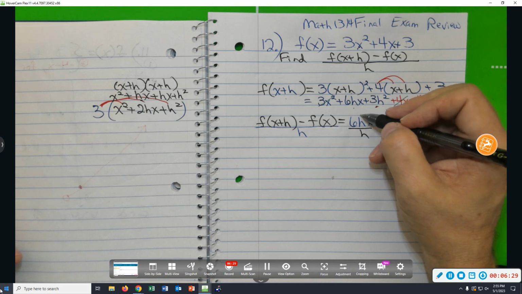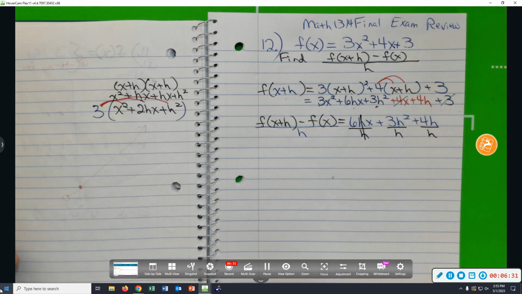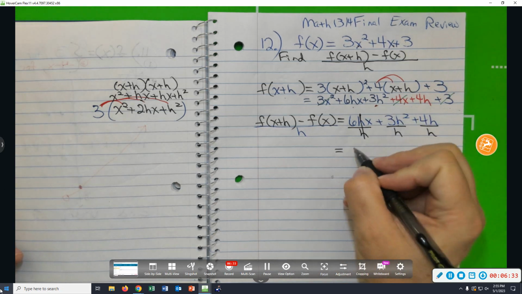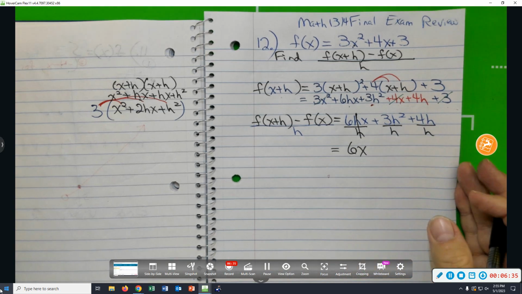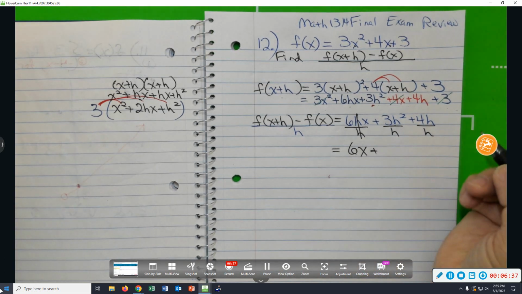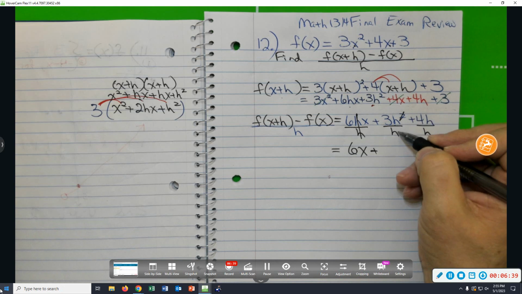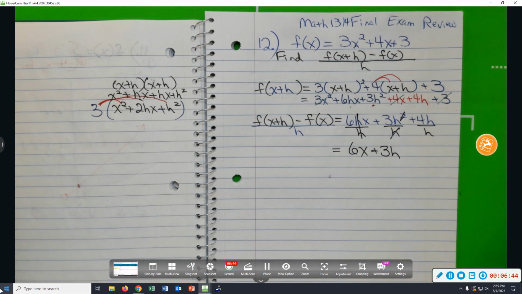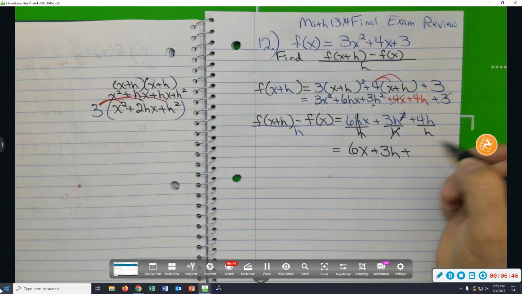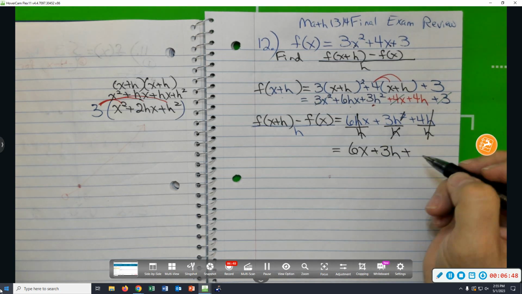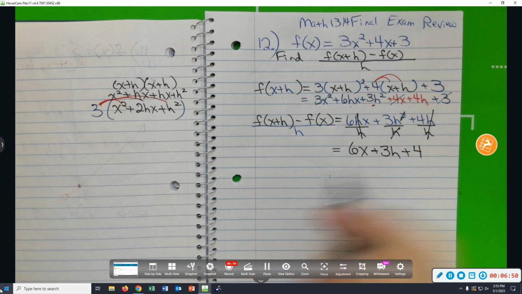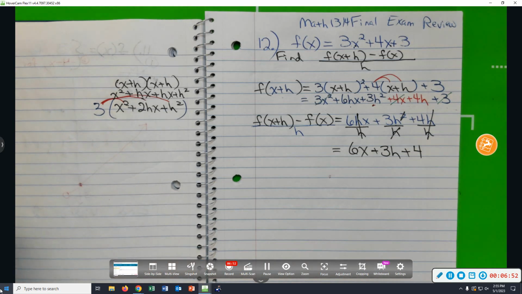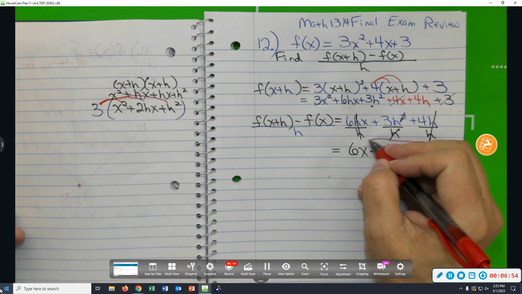I'll get us started. The h cancels there, leaving us just a 6x plus. Okay, so you cancel one h above and below, so you still have a 1h remaining, so 3h plus. So the difference quotient is 6x plus 3h plus 4.